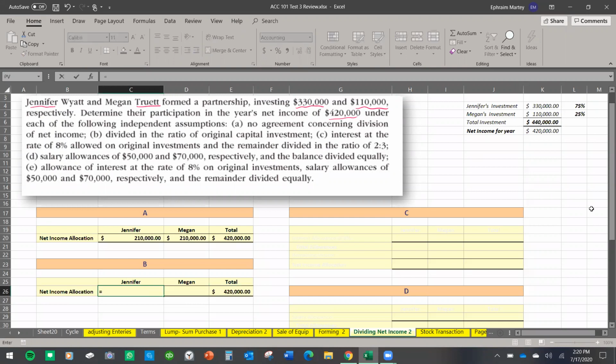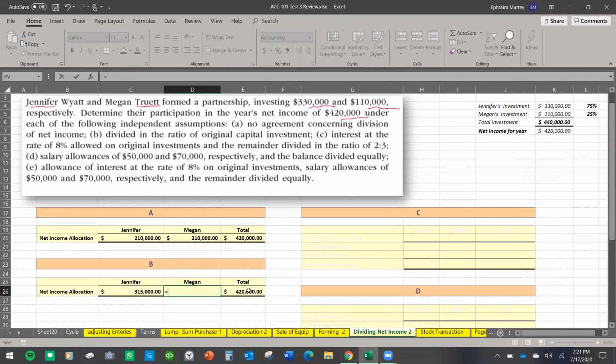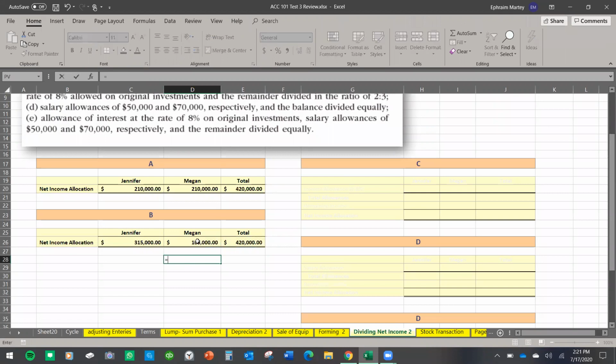Jennifer will get 75% multiplied by 420,000, and Megan will get 420,000 multiplied by the percentage, which is 25%. If you add those two together, the total net income is 420,000.